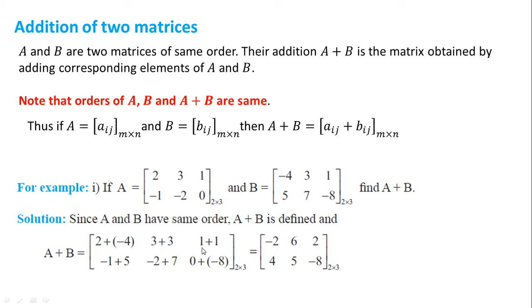Just add the corresponding elements and you will get the new matrix, which is A plus B. So here we get minus 2, 6, 2, 4, 5, minus 8 as the elements of A plus B, and the order is 2 by 3. So addition is possible if the order of the given matrices is the same.